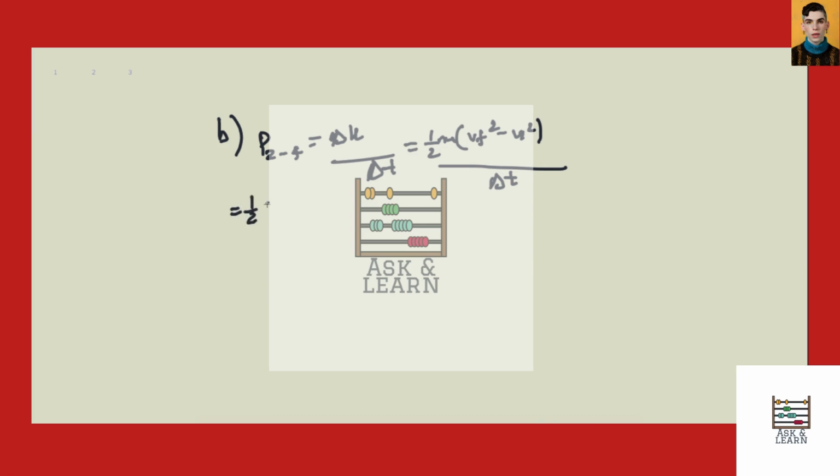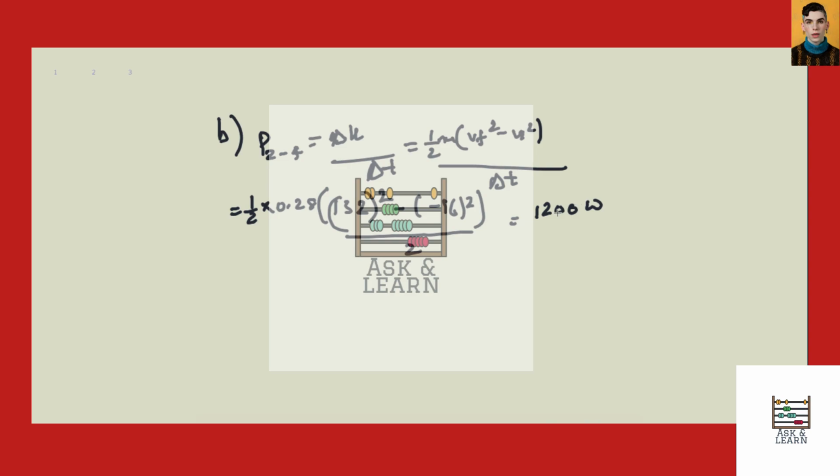Half m is 0.28. The final velocity is 132 at 4 seconds, squared, minus the velocity of negative 16 here, squared, divided by 2. If you solve that, you will get 1200 watts.